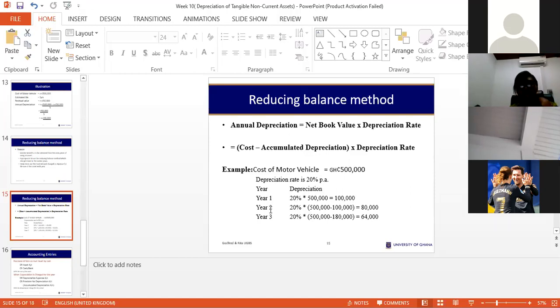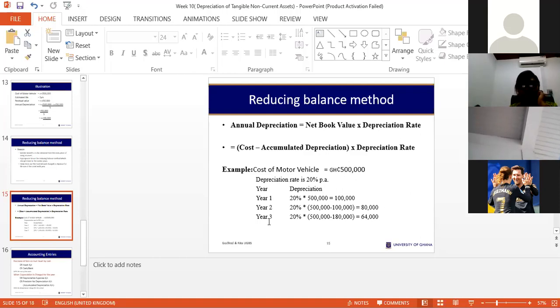So in year 2, the net book value will be the 500 minus the depreciation amount of 100, which is 400,000. So it will be 20% times the 400,000 to give us 80,000.